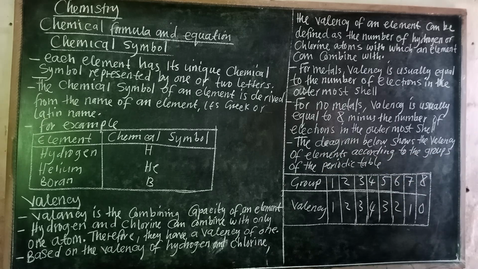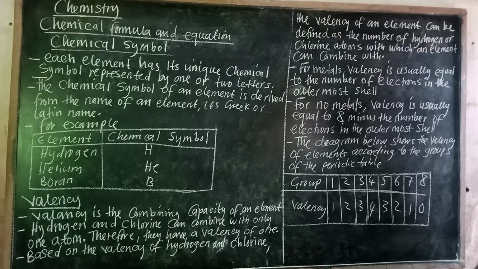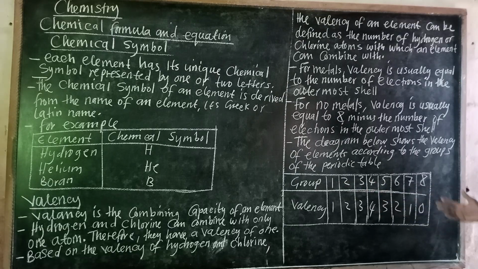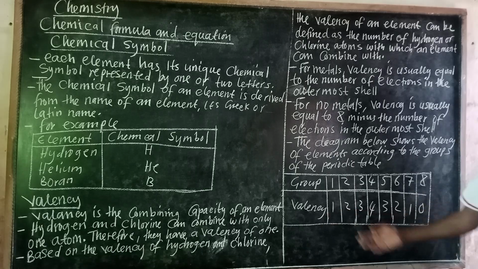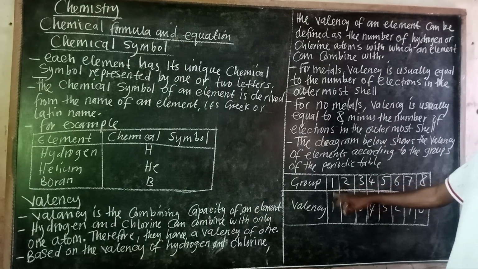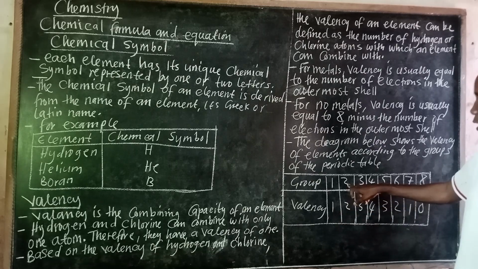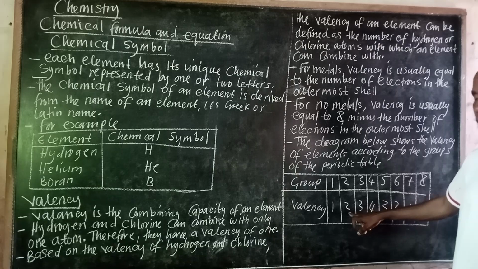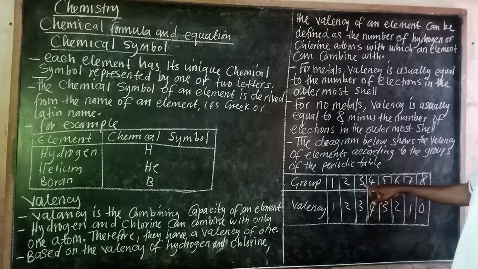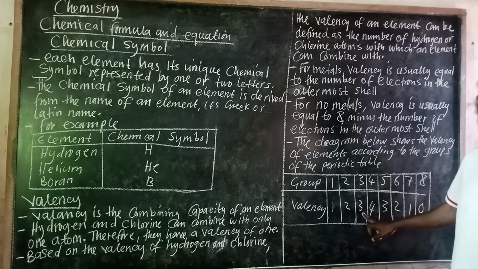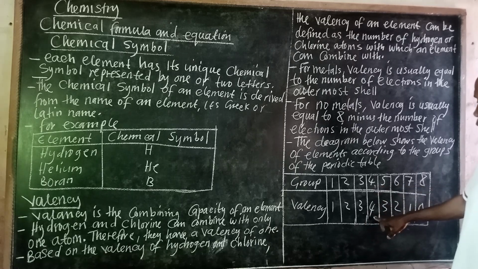Now we can go on by looking at the diagram below, which shows the valence of electrons according to the groups of the periodic table. On top we have group, and down here we have valence. Any element found in group 1 has a valence of 1, group 2 has a valence of 2, group 3 has a valence of 3, then 4, then 4.